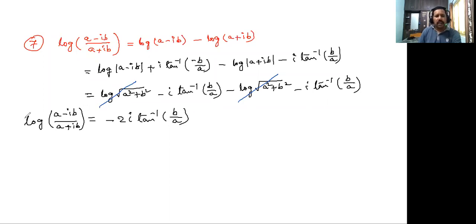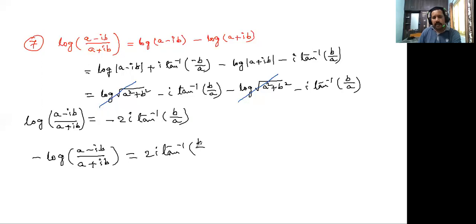Now the minus sign on the left hand side: we get minus logarithm of (a minus ib) by (a plus ib) equal to 2i tan inverse b by a.